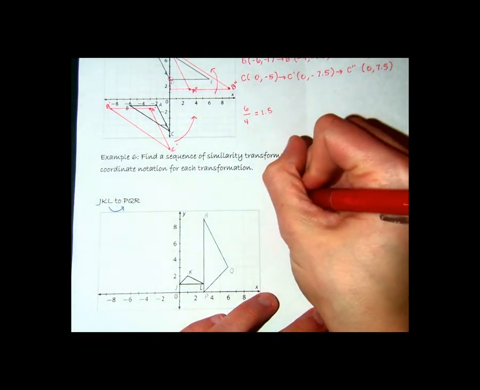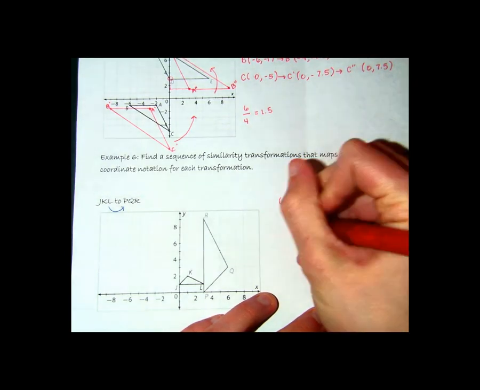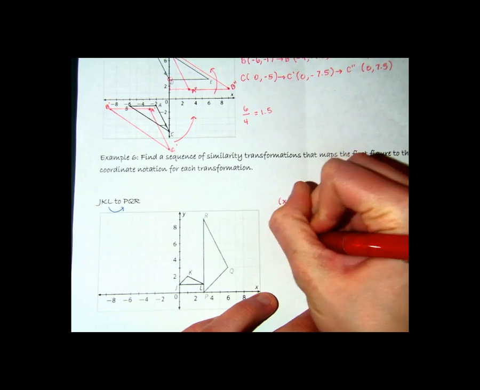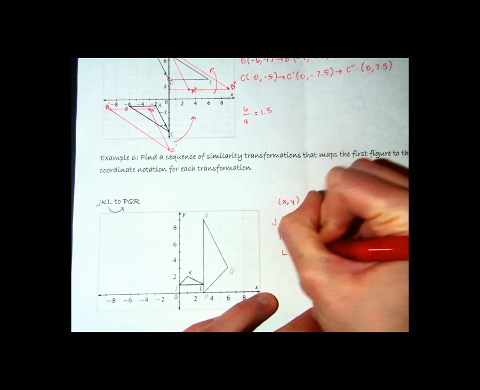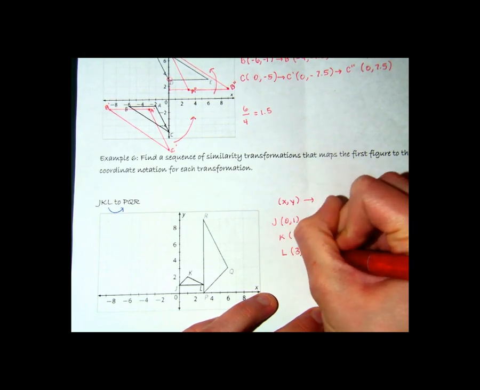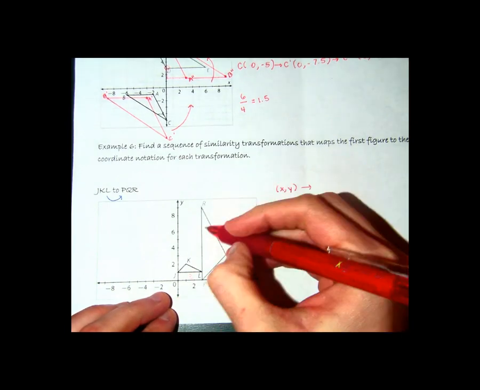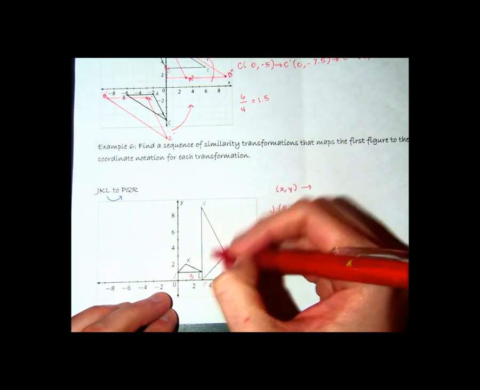So we'll start with x, comma, y. J, 0, 1. K, 1, 2. L, 3, 1. Alright, let's go ahead and look at this piece here. Looks like this is 3 units. And this one is 1, 2, 3, 4, 5, 6, 7, 8, 9 units.